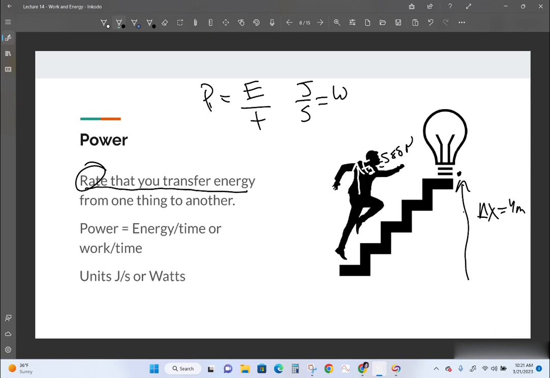But if we did it in 1 second, we would have converted all of that 2.35 e to the 3 joules into potential energy in 1 second. Versus if we did it over 10 seconds, the power would be 1/10 as much, right? We didn't have to convert as fast. We did it over 10 seconds, 10 times longer in order to get that same transfer of energy.